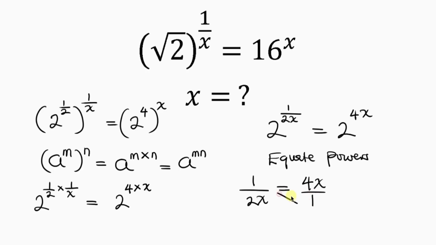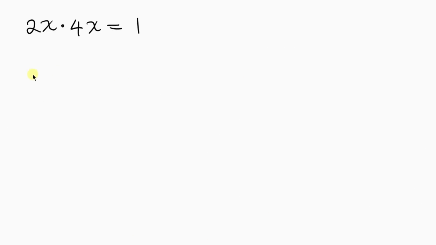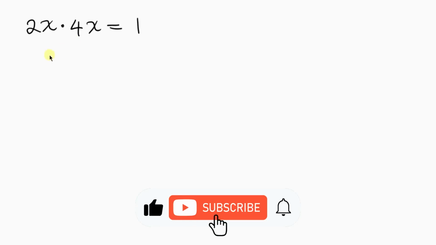So now let's cross multiply. So we have 2x times 4x, 2x times 4x. This is equal to 1 times 1, which gives 1. Very good. And now simplifying, we have 2x times 4x, which gives 8x squared.